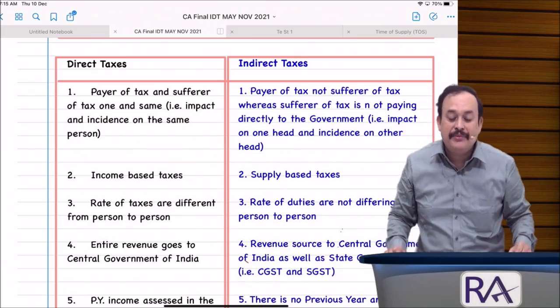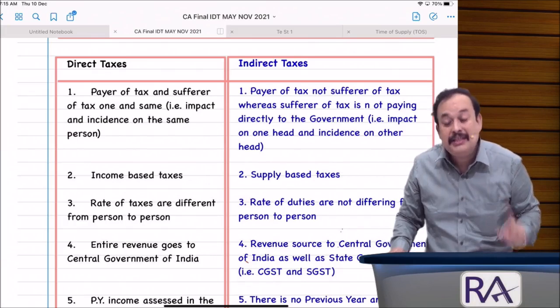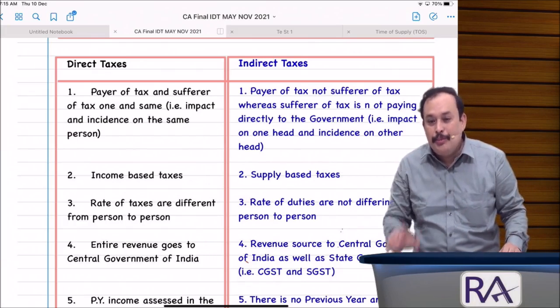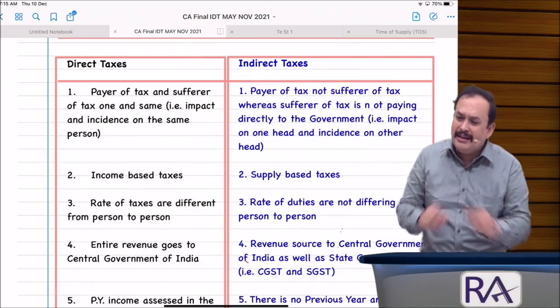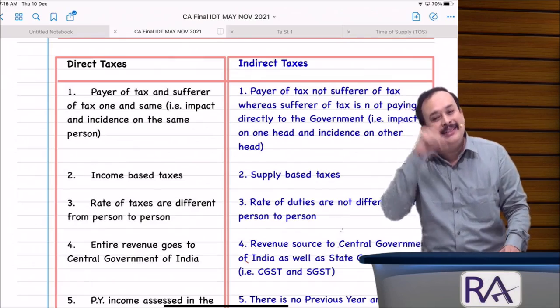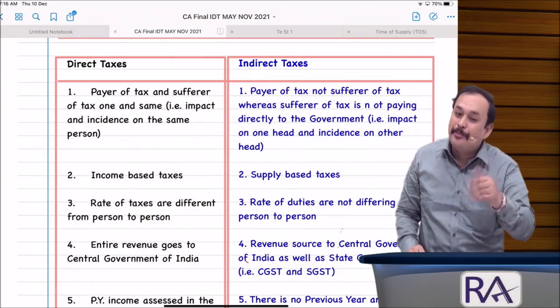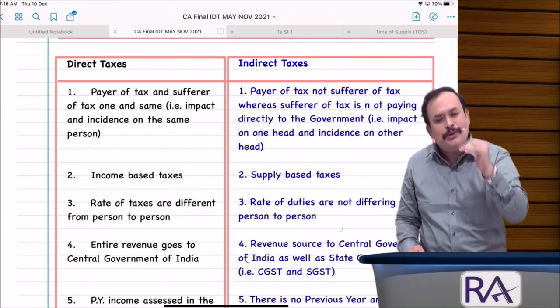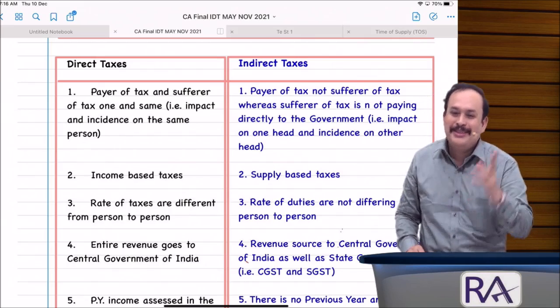Whereas in the case of indirect taxes, it is not so, my dear. You being a practicing CA, render services to a client who is liable to pay the tax of GST? Supplier, namely auditor. But is the auditor going to pay from his pocket? Obviously not.